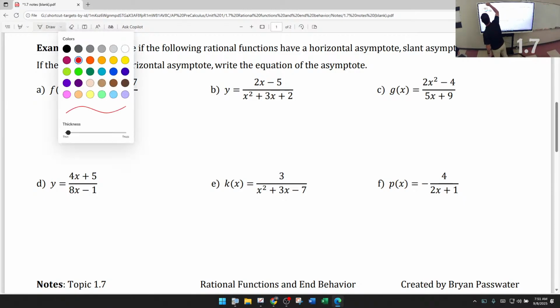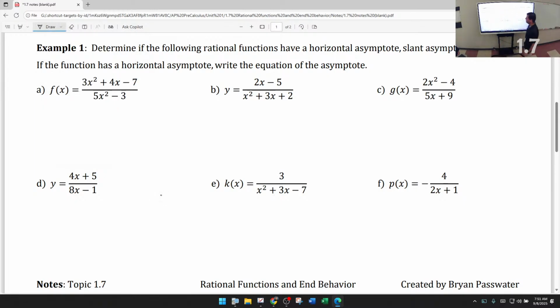Pencil, different color. Gray. Part A: degree on top, as a class? Degree on bottom, as a class? So we need to look at the coefficients. I look at a 3 and I look at a 5 and it doesn't do anything, and I'm just going to put y equals 3/5.